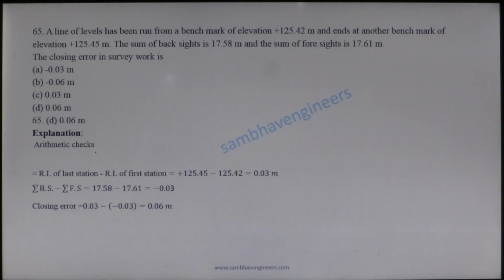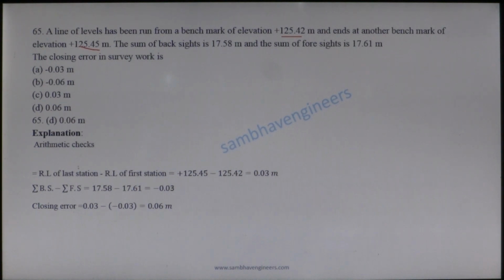So the difference of height between 2 points is equal to RL of the last station minus RL of the first station, which is 125.45 minus 125.42, equal to 0.03 meter.